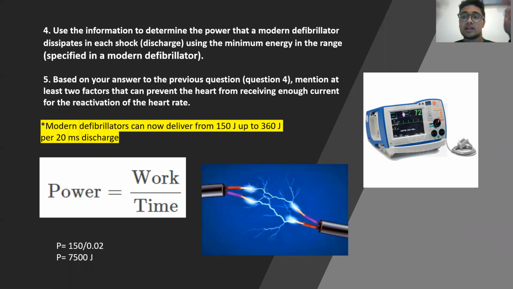If we don't have a 99.99% charge in the defibrillator, then we wouldn't get enough power to transmit it. Also, the resistance is really important: if we have a really high resistance, then there wouldn't be enough current to pass through the defibrillator. So this wouldn't help the reactivation of the heart rate.